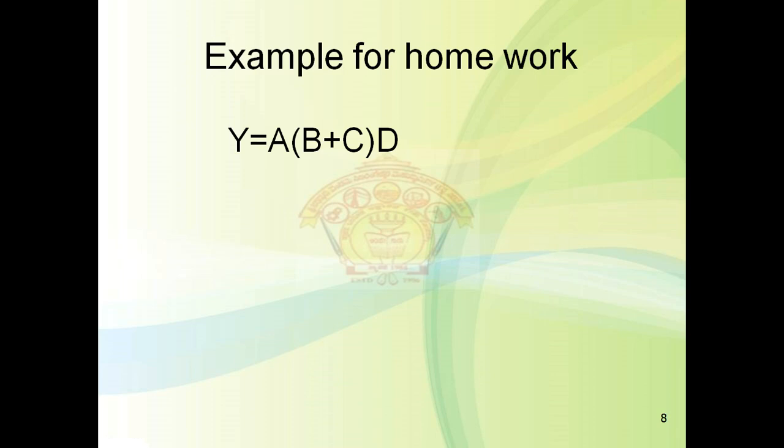Note that you will have B and C in parallel, so in that total combination you will get the series connection, that is A with the B and C parallel combination, that will also be in series with D. So what you will get, A in series with B and C parallel and in series with D. You try it and you show me it. Okay, so today we will stop here.